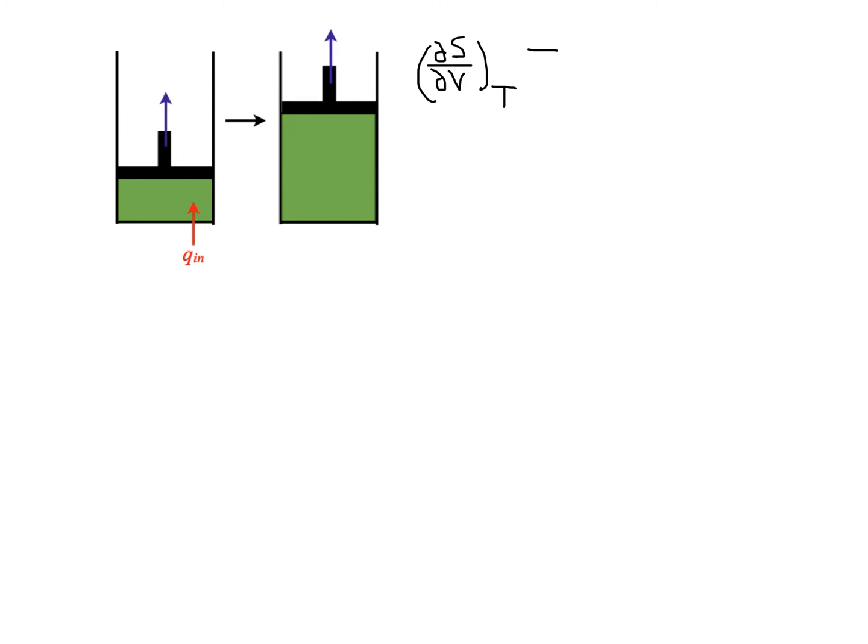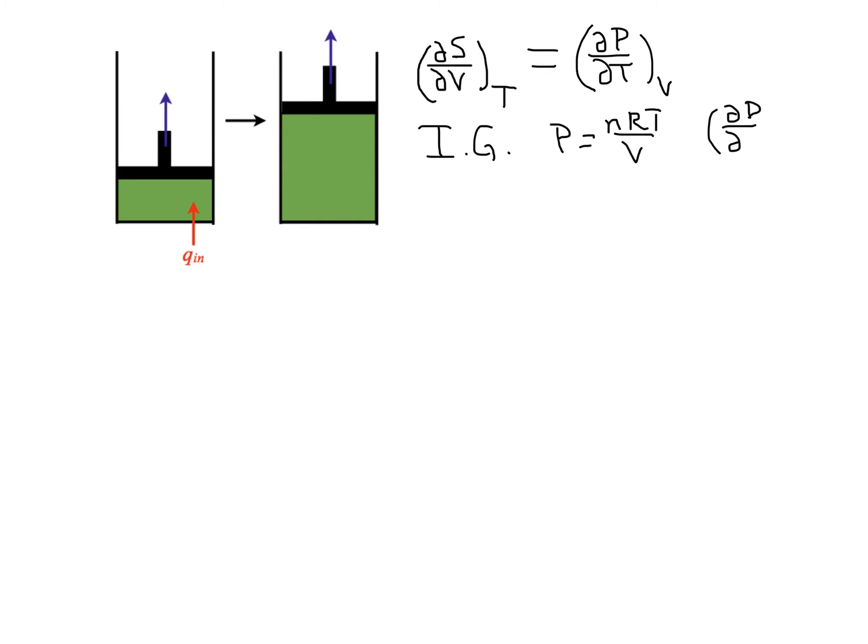Recall, using Maxwell's relations, that this partial derivative is also equal to how the pressure changes with temperature at constant volume. If I have an ideal gas in my piston, then the pressure is equal to nRT over V. And so the derivative of the pressure with respect to temperature at constant volume is nR over V.